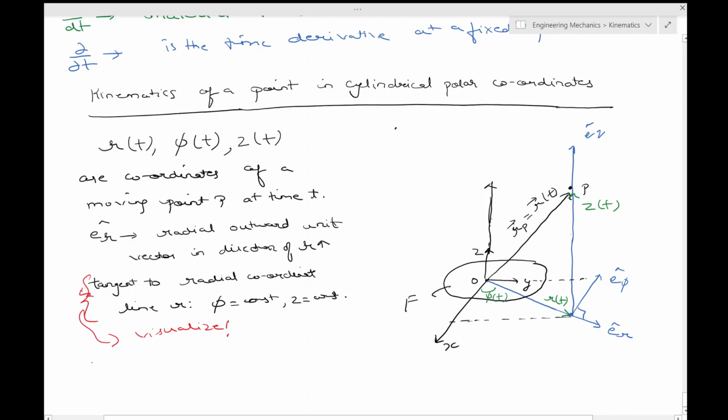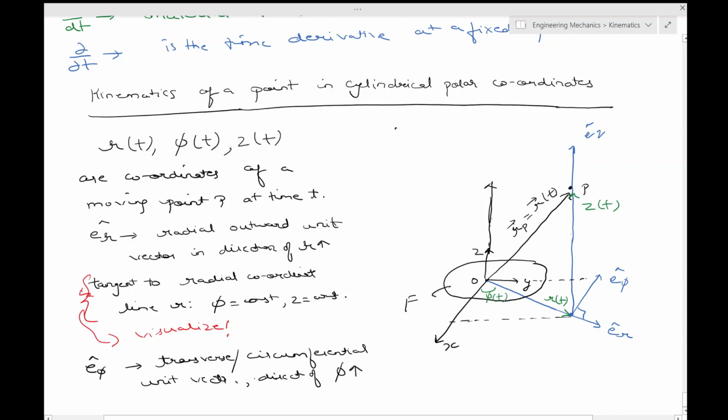Then you have the E phi, this is the transverse or circumferential unit vector, again in the direction of increasing phi.